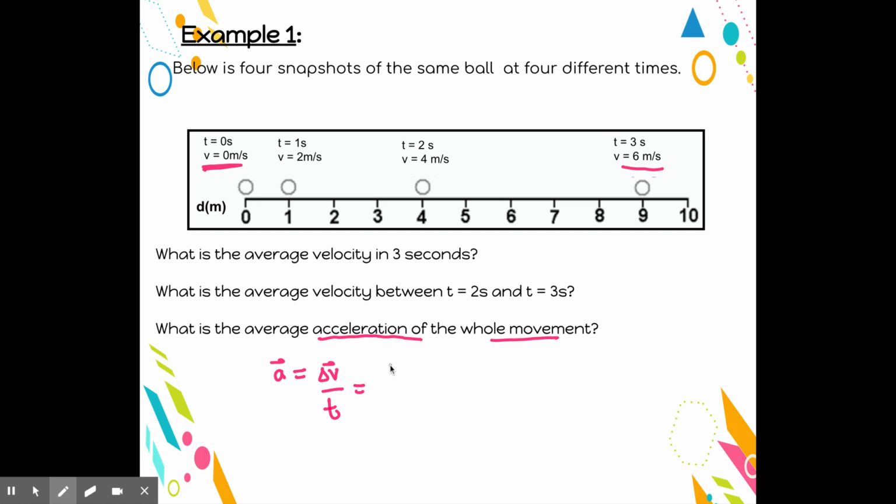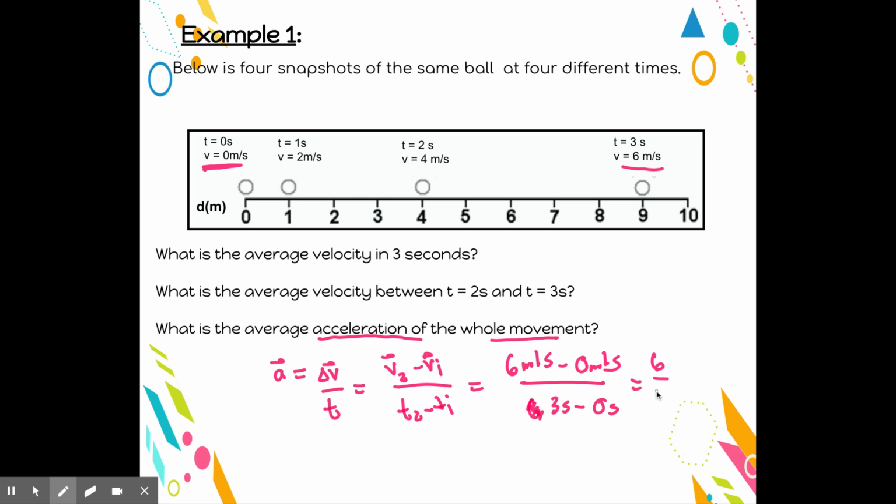So v2 minus v1, over my change in time, t2 minus t1. So 6 meters per second minus 0, divided by 3 seconds minus 0 seconds.